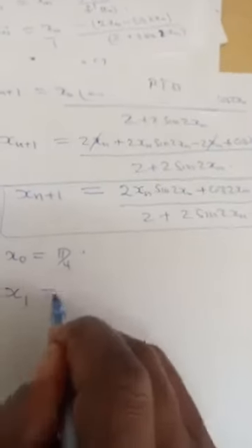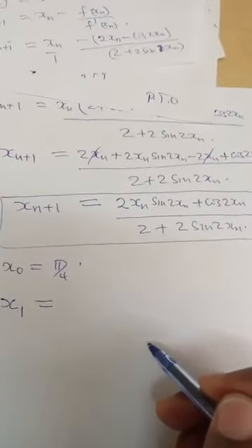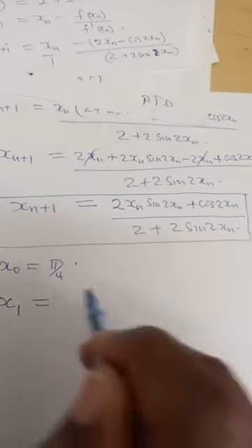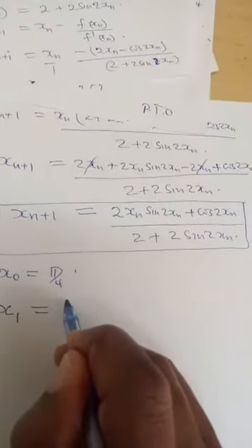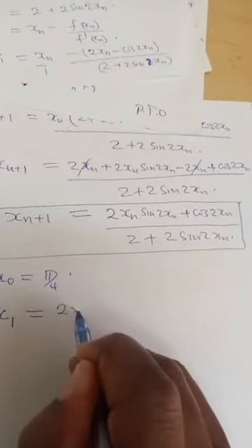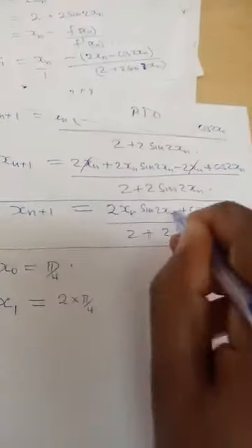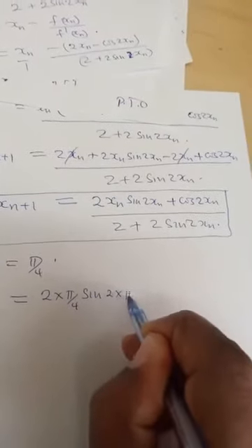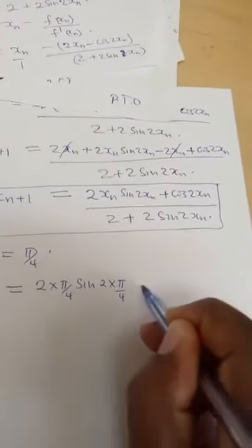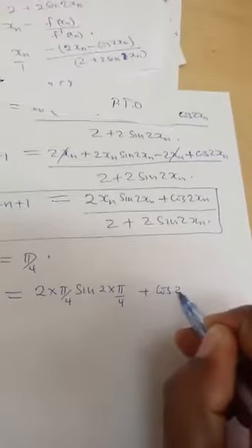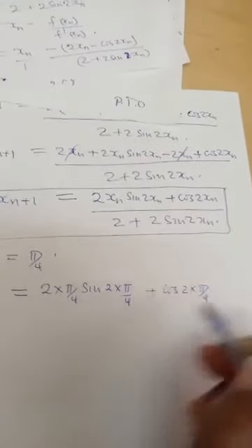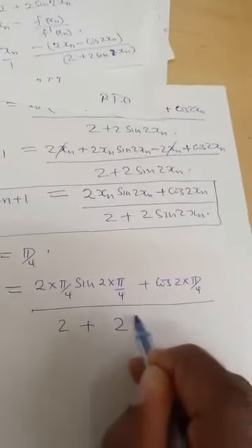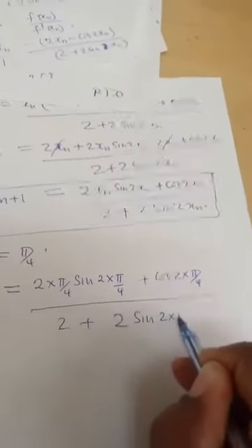So our first approximation, they told us to show that the better approximation will give pi by 8, will be 2 times pi by 4, I'm substituting in there, times the sine of 2 times pi by 4 plus the cos of 2 times pi by 4, everything divided by 2 plus 2 times the sine of 2 times pi by 4.